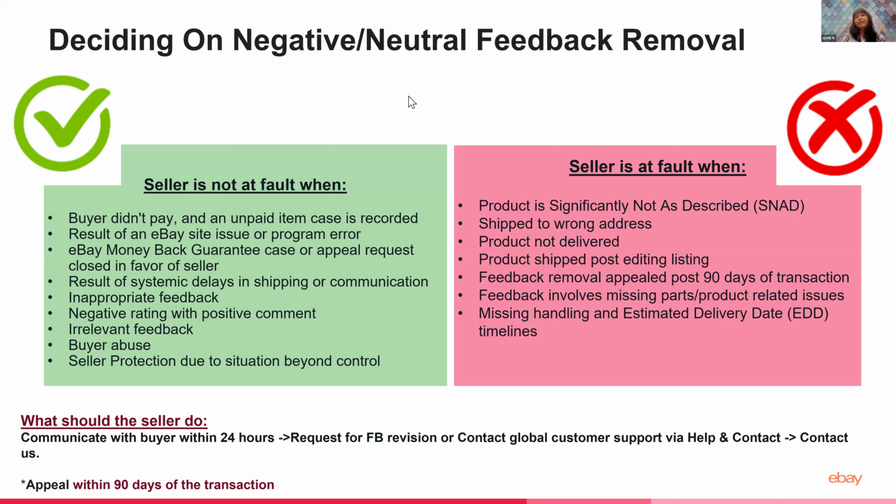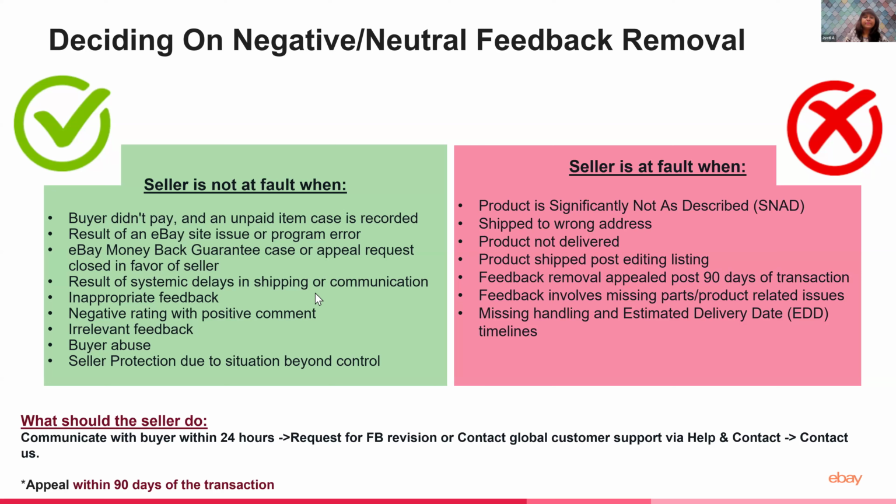If the feedback involves comments that state that there are parts missing or there are product related issues, or the seller has missed on the handling and estimated delivery date timelines, it is the seller who is at fault, right?